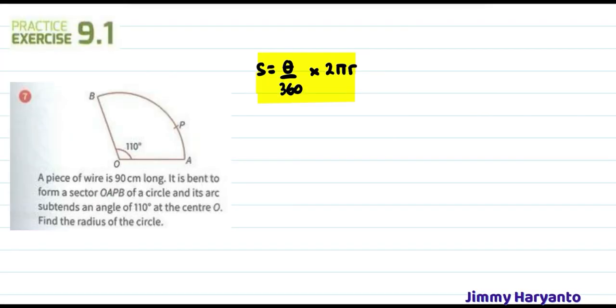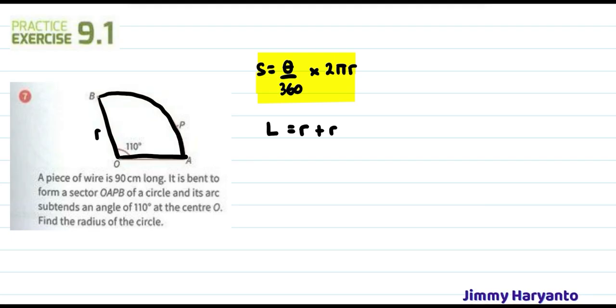Next is 7. A piece of wire is 90 centimeters long. The wire will cover this part. So I can write the equation for the length of wire. I will write it as L equals radius. Radius, this is the wire. This is also the wire, plus r.